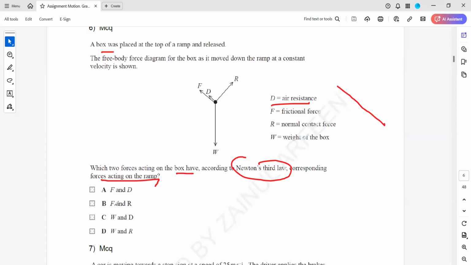One of the forces is R, because R is a reaction force. R is a reaction force of what? The weight will have two components. One component of the weight is W cosine theta and another component of the weight will be W sine theta.